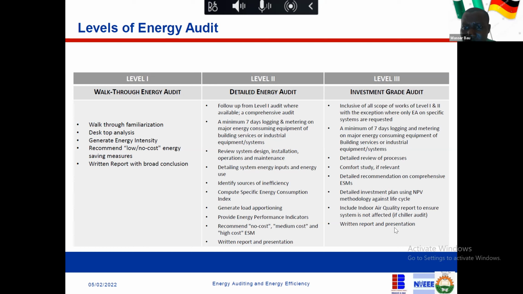Is there anything on what we've done so far in terms of introducing the levels of audits and the types of audits? Any question? Any input? We have somebody that has done audits in the past. Did you do something different from what I said? Is there a different angle? Is there a different perspective to it? Okay.